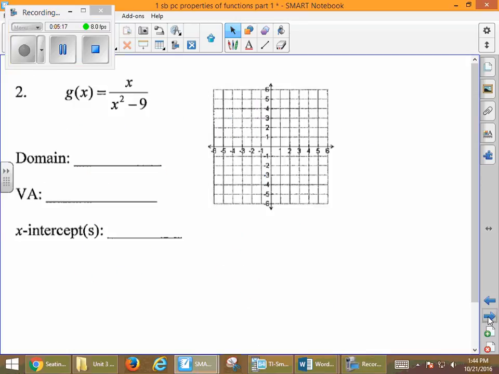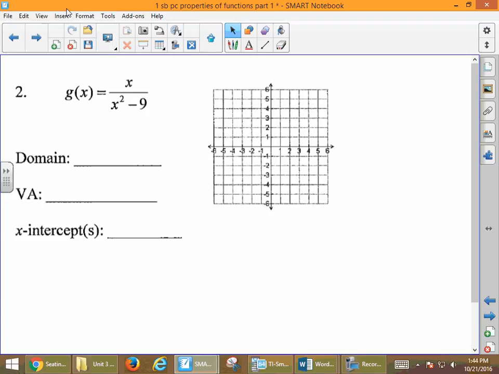So let's look at another example here, and we want to find the domain, we want to find the vertical asymptote, we want to find the x-intercepts. And what could be helpful, possibly, is that we could use our graphing calculator to help us get a picture.